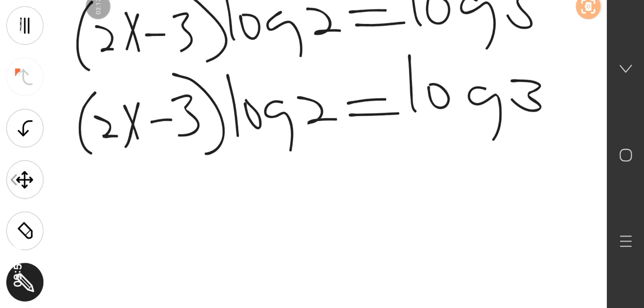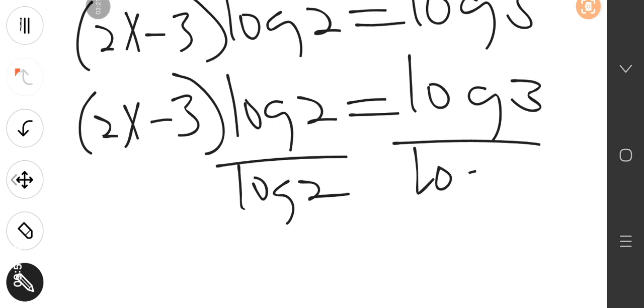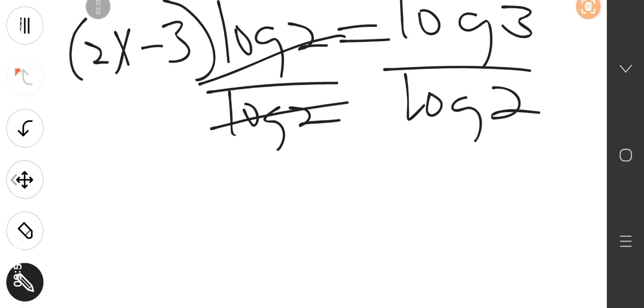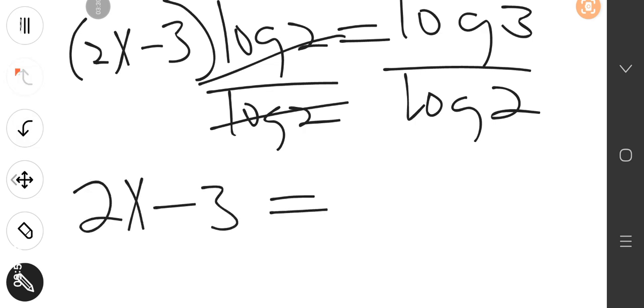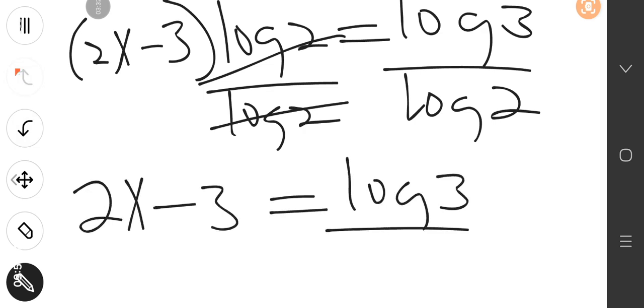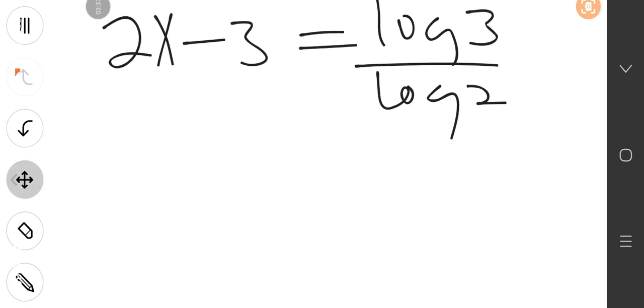Now let's divide here by log 2, here by log 2. So this and this will cancel. So we're going to have 2x minus 3 equals log 3 over log 2. All right. Now let's apply the change of base formula here.